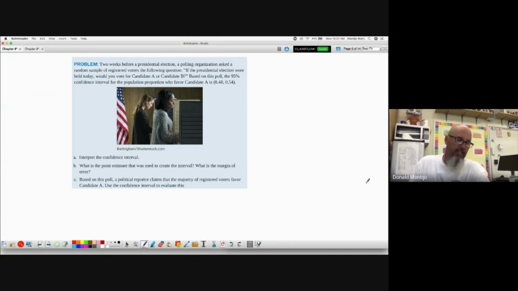They're going to ask us to do this over and over again. We must provide context when interpreting the interval. So what is the interpretation of this interval?